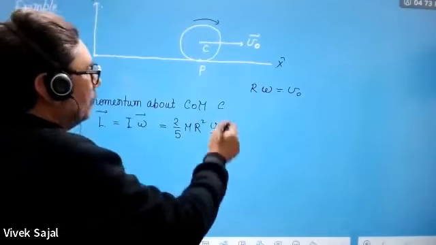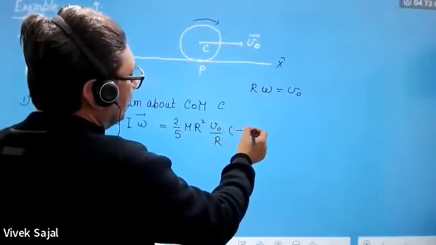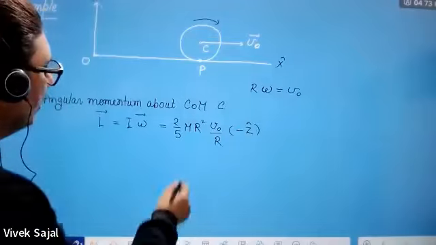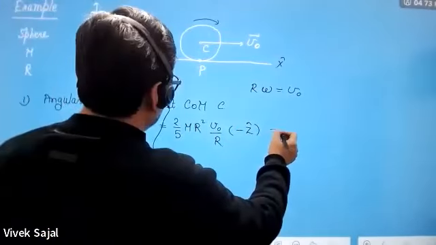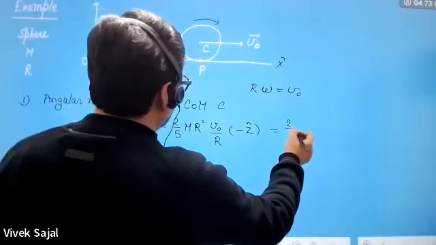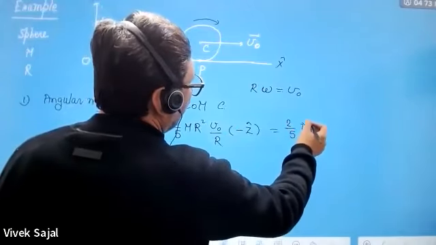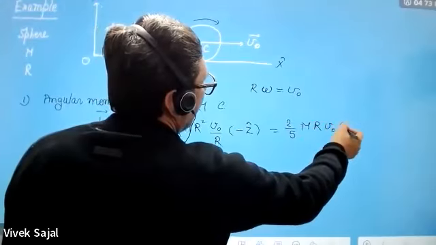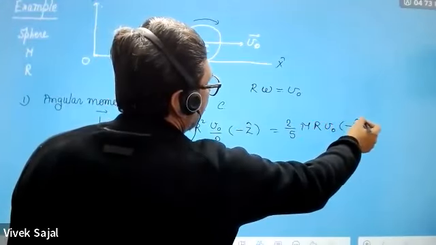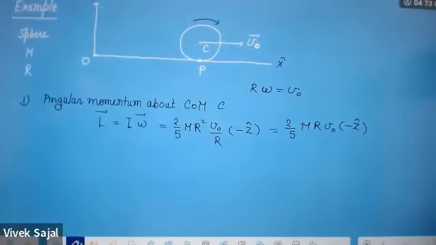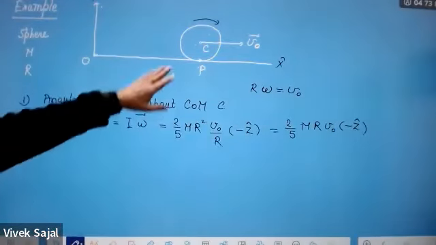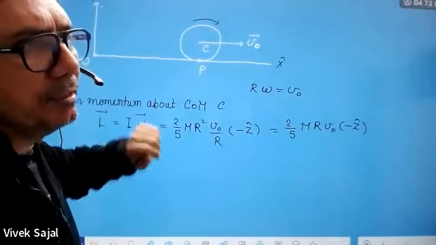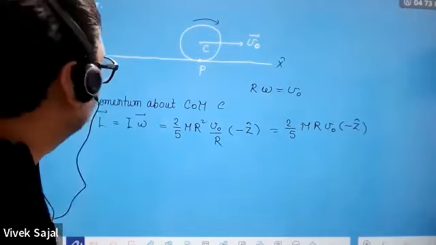So inward the board will be minus z cap. This will be the direction of the angular momentum. So 1 R will cancel out and it will be 2 by 5 m R V naught minus z cap. This will be the angular momentum of this sphere with respect to the point C. This is the first case.